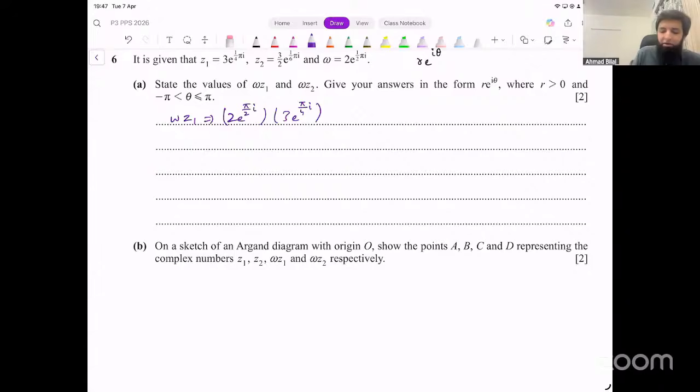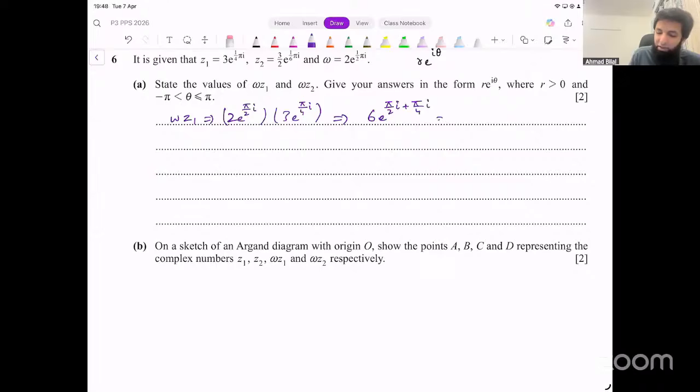Now when 2 and 3 get multiplied, they give us 6, right? Now e raised to power something and e raised to power something, when two things are multiplying and the bases are the same, what happens to the powers? Powers get added. So it's going to be 6e raised to power pi over 2 iota plus pi over 4 iota.